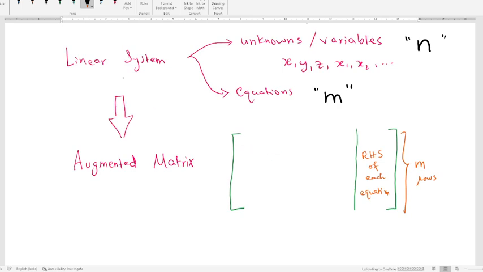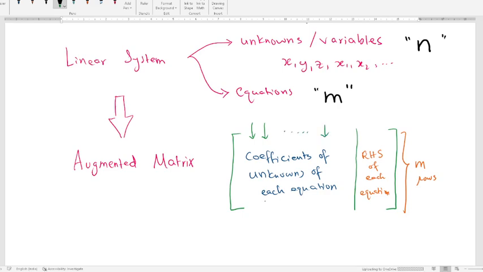And in the left hand side of our augmented matrix, what do we write? We write down the coefficients of the unknowns in each equation. And while writing them down, we use the first column for the first variable or first unknown, the second column for the second variable, and so on and so forth.